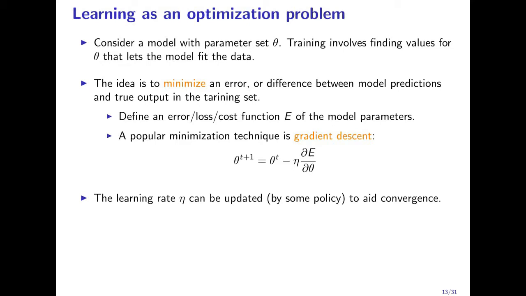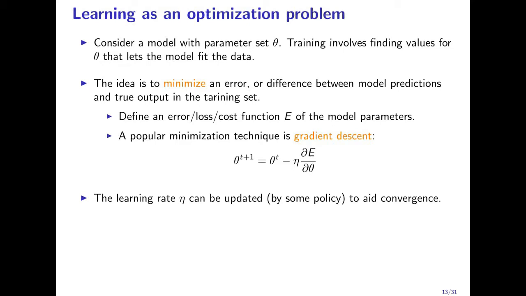A minimum is, of course, where the derivative is 0. And the idea with gradient descent, as the name suggests, is we want to descend this high-dimensional error surface, meaning that we want to move on this surface in a way that decreases the value of the function. And we can use the gradient for that.